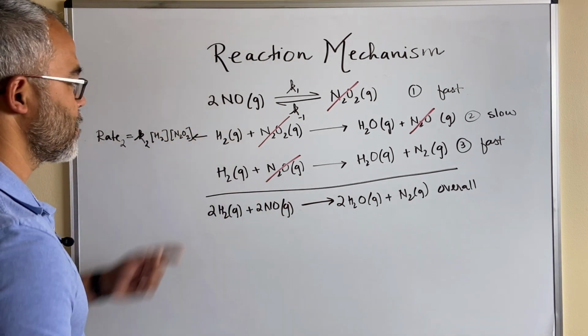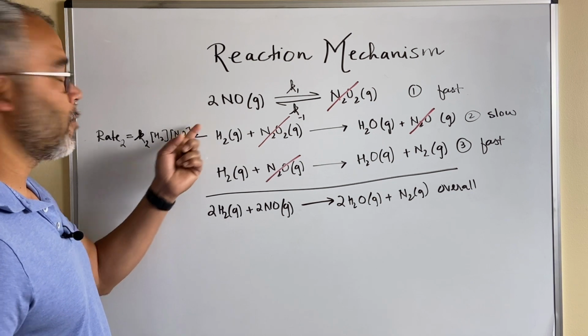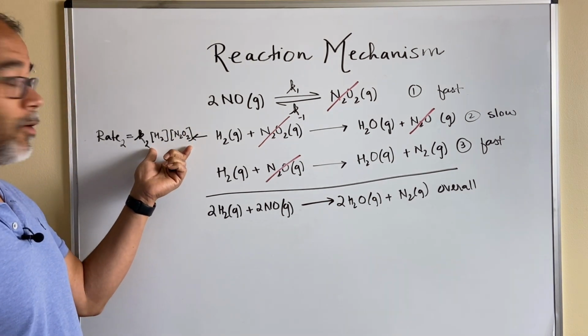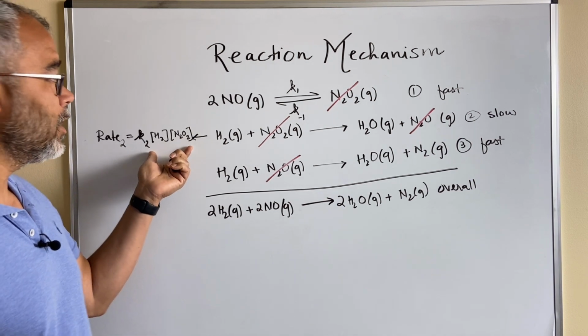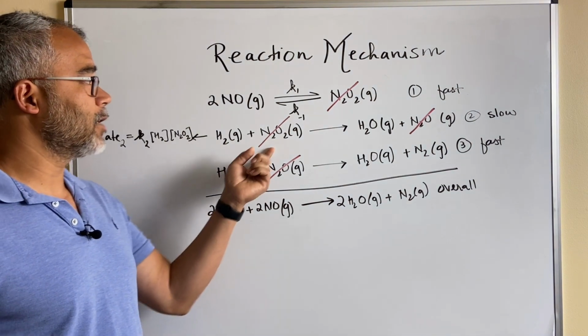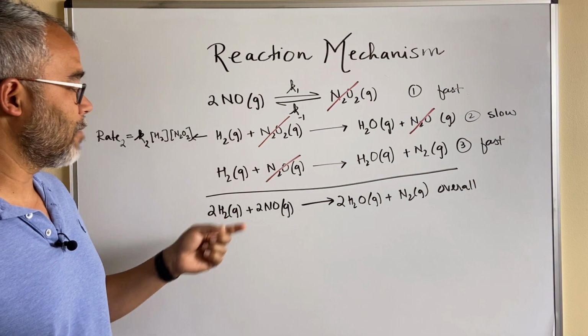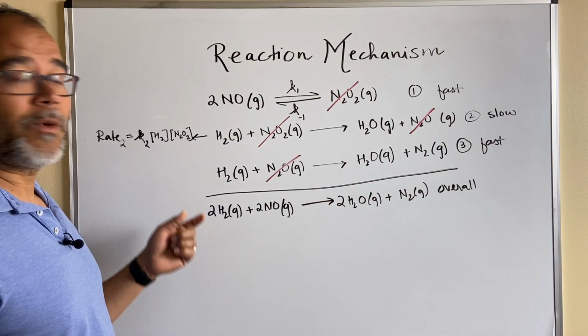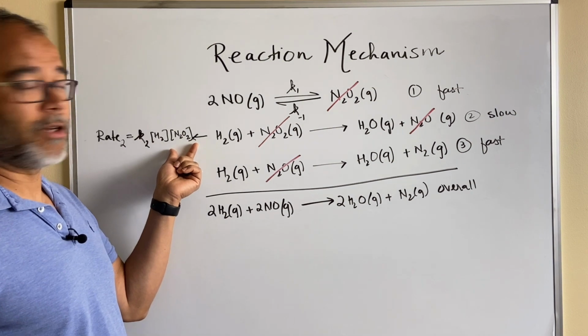There's only one of each, so we have 1 as the exponent in each case. Now we could go with this. The only challenge is that N2O2 is an intermediate, so it doesn't show up as a reactant in the overall reaction. Therefore, we have to find a way to replace the N2O2.